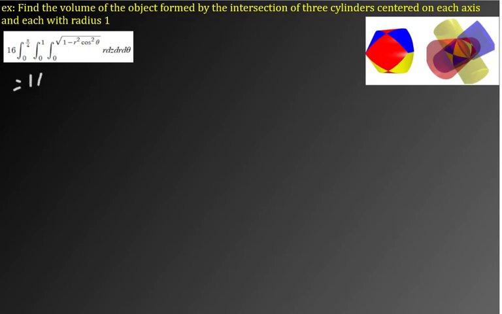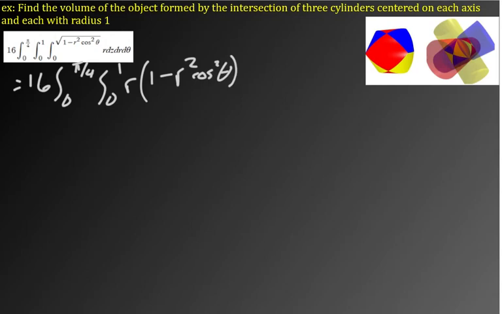So I'm going to do 16, 0 to pi over 4, 0 to 1, and then I just have, I'm going to throw this 1 r in front. That's part of the dV. And then I'm just going to use the exponent 1/2. So then I have dr d theta.